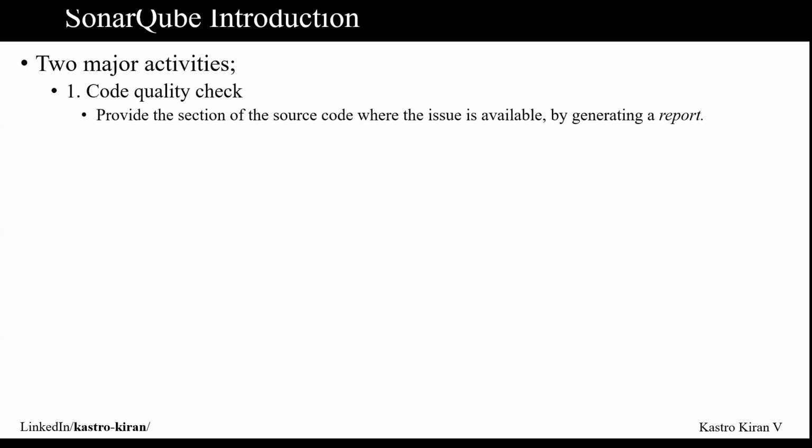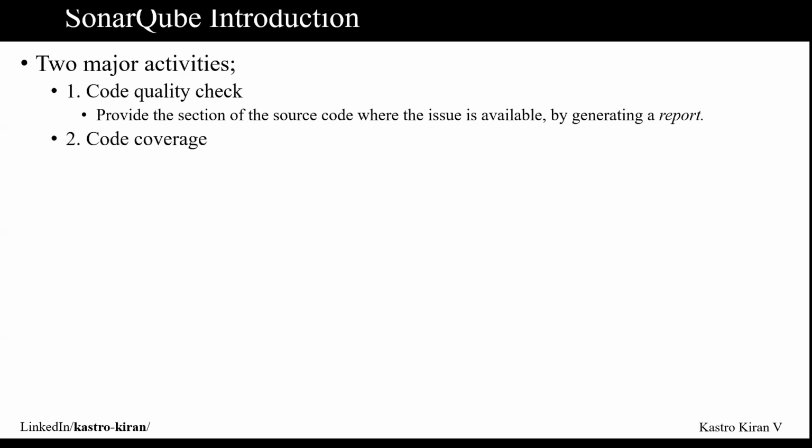So the first activity of SonarQube is to check the code quality, and besides that, it gives us a report where we get to know what the problem actually is and which part of the code contains the issues.